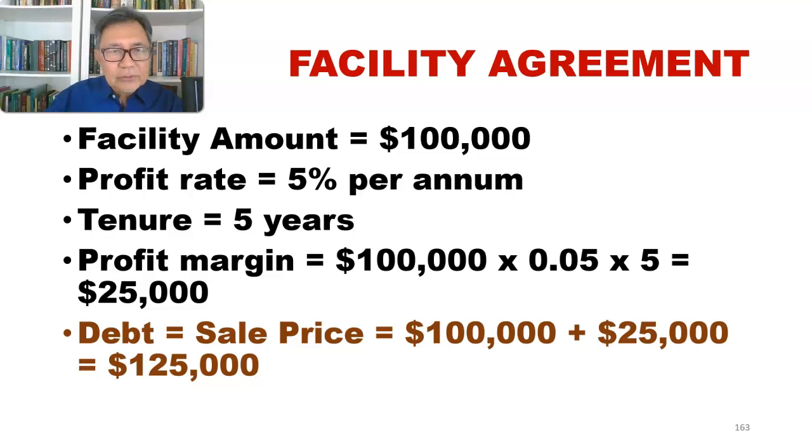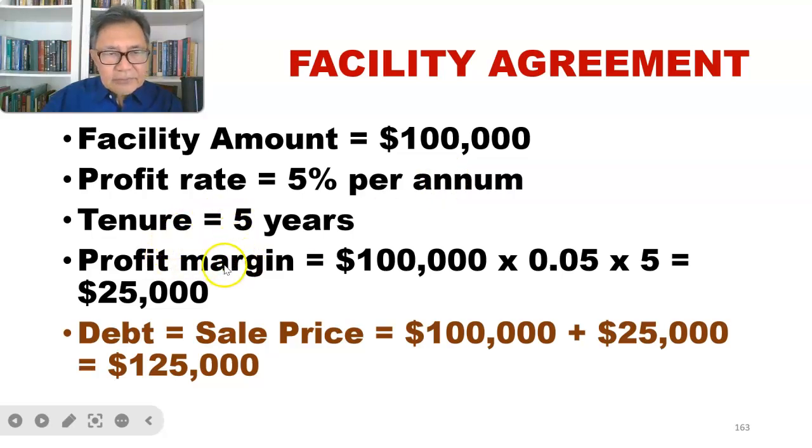So we were referring to the facility agreement, where the customer desired to have liquidity of $100,000 at a profit rate of 5% per annum, and the tenure of the facility is 5 years.